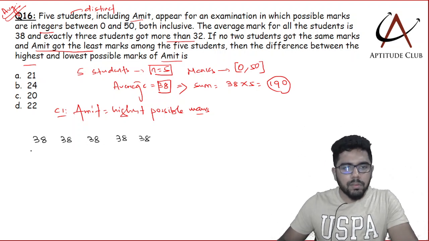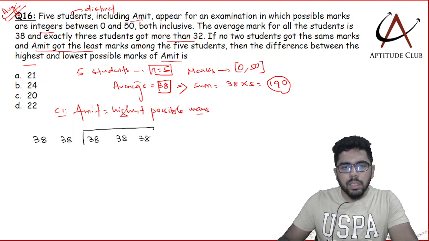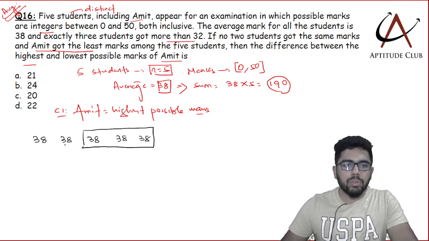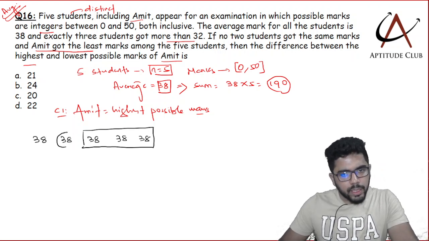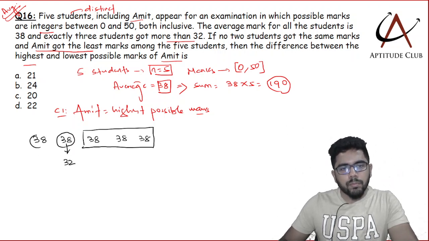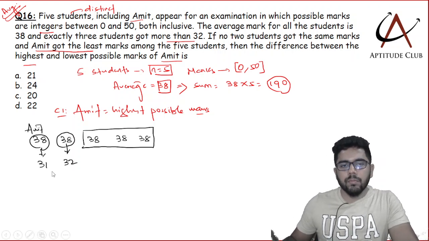Suppose I have arranged them in ascending order. It is saying 3 students have got more than 32. So 2 students have got less than or equal to 32. So this second student, I'll take this person's mark to be exactly 32, and the lowest is always Amit. So I'll take Amit as exactly 31.